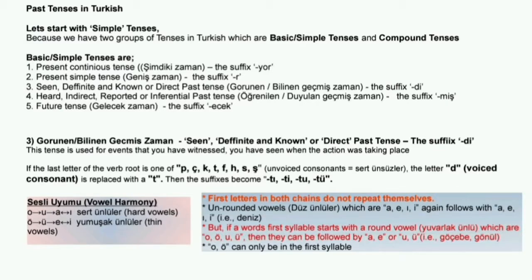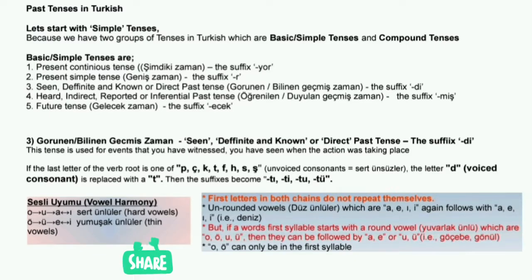And the first vowels in both chains, O and Ö, can only be in the first syllable. This is the rule. Okay, let's continue with our example. Just before that, don't forget to take a screenshot of this page. Then you can reuse it to revise.